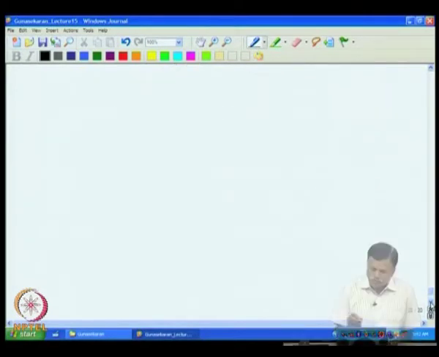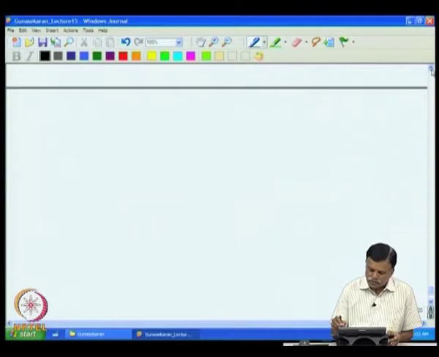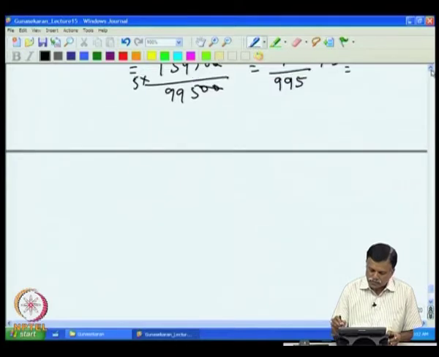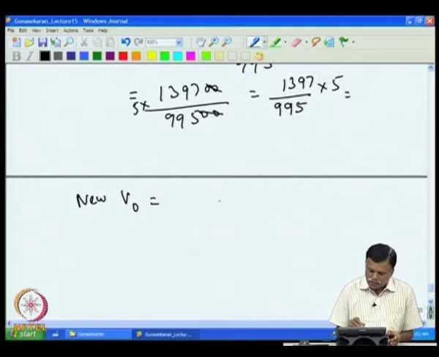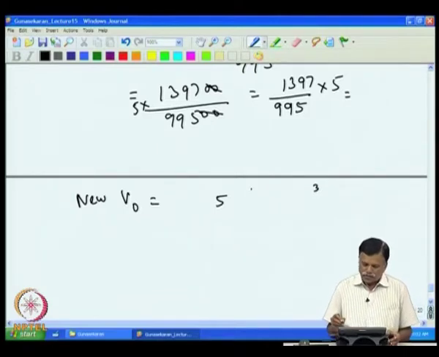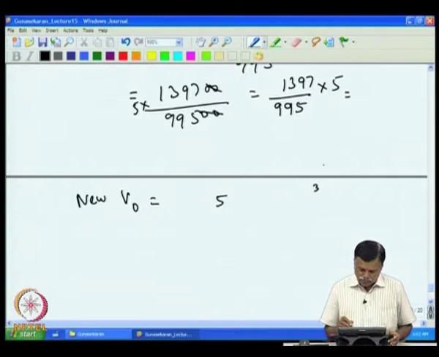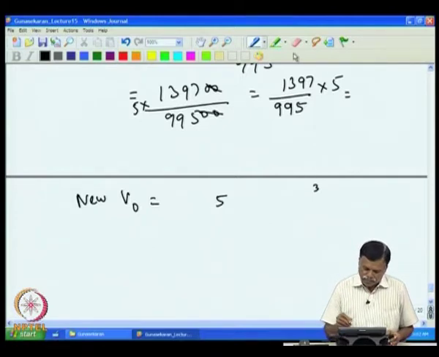So you will get the new V naught, the new regulated voltage. I can simplify here itself.